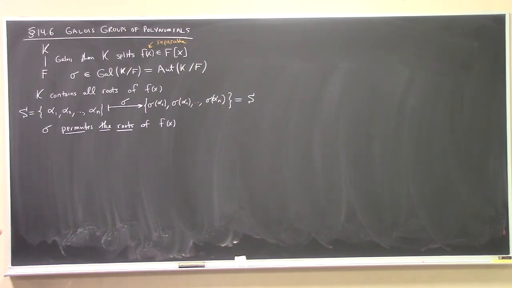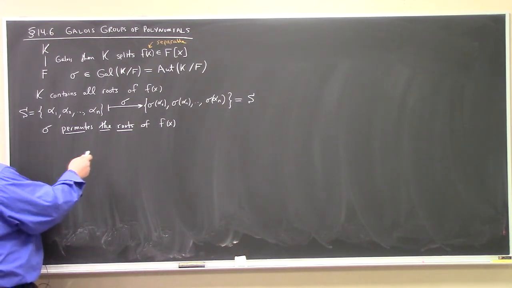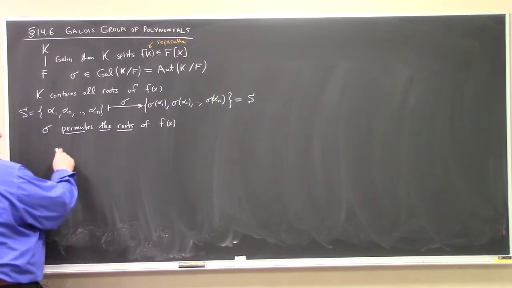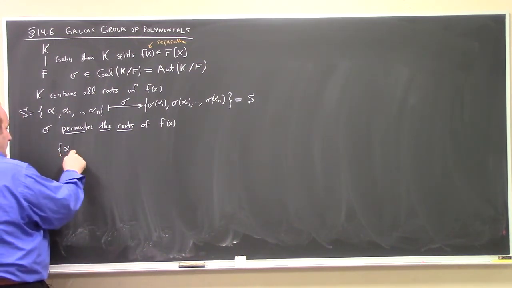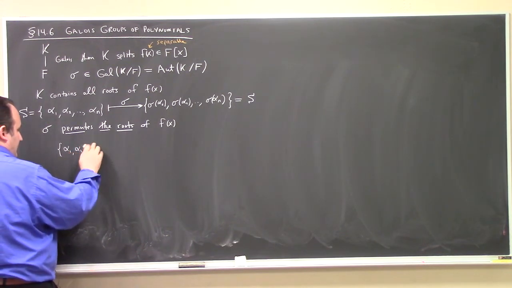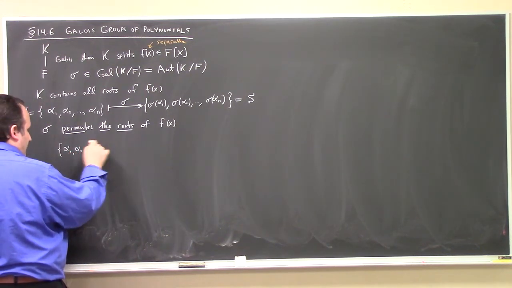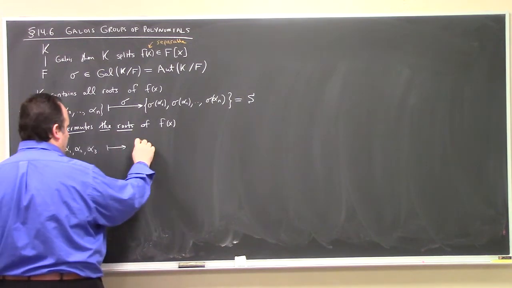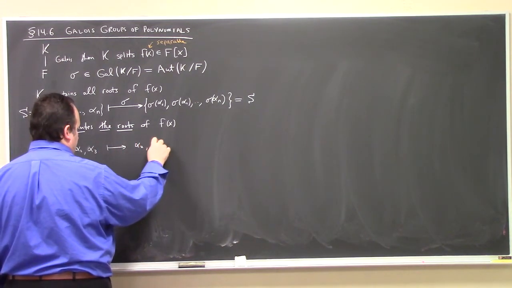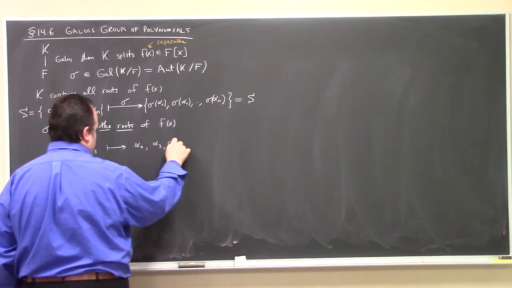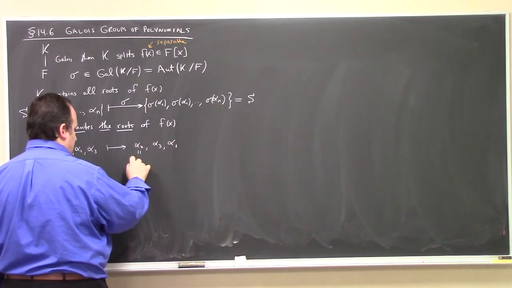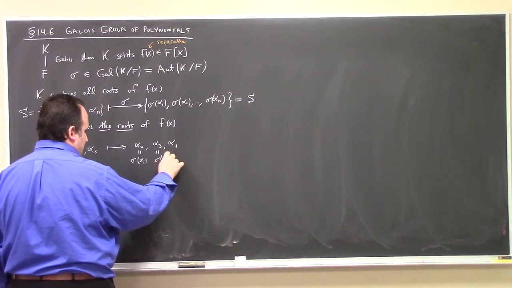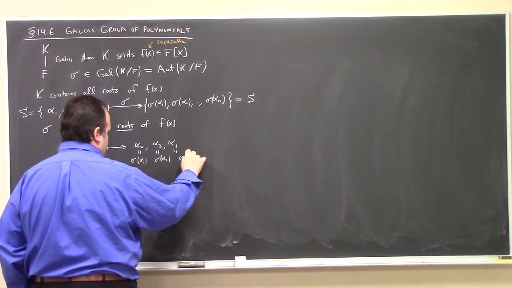So, for example, suppose you had 3 roots, alpha 1, alpha 2, alpha 3. And they map to alpha 2, alpha 3, alpha 1. In other words, this is sigma of alpha 1, sigma of alpha 2, sigma of alpha 3.